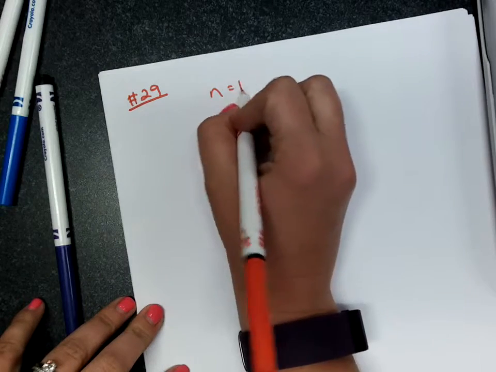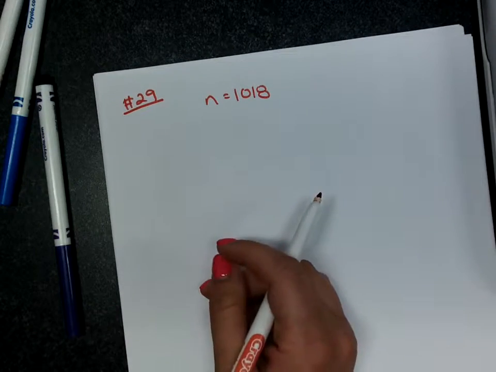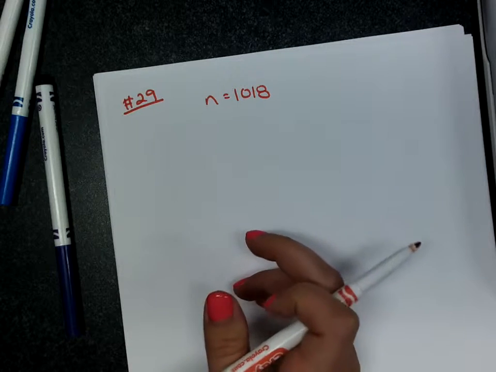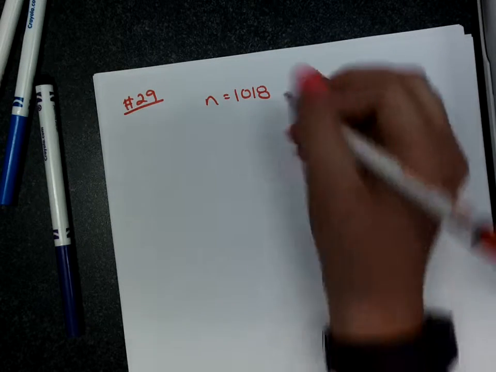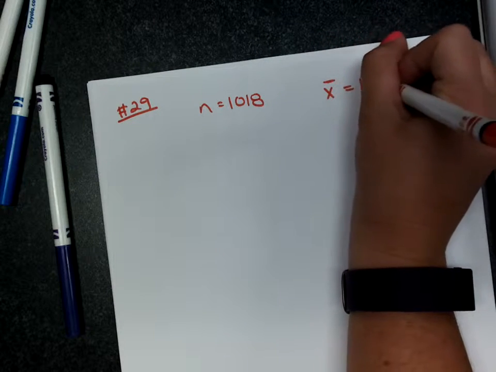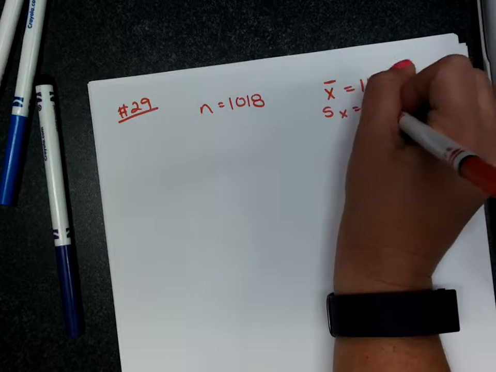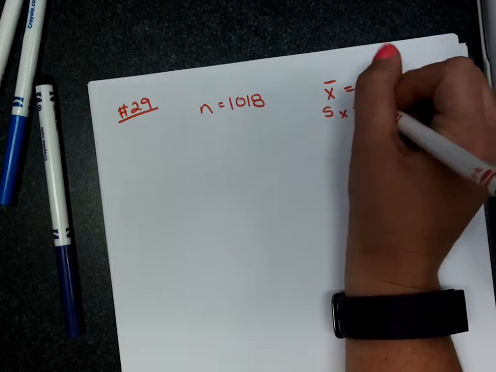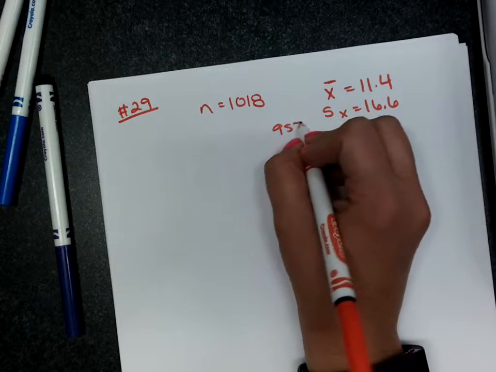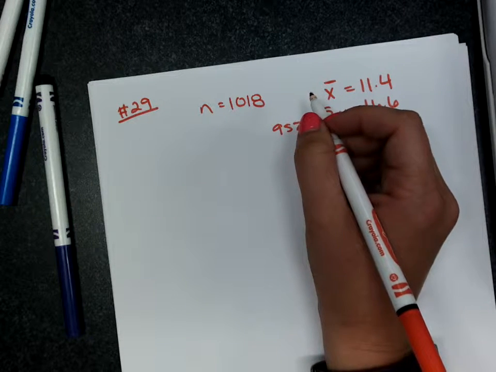As I read the question, I always write down the important information. 1,018 people, how many books they have read in the past year. Results indicate that a sample average was 11.4, and a sample standard deviation was 16.6. Construct a 95% confidence interval for the mean number of books people read.